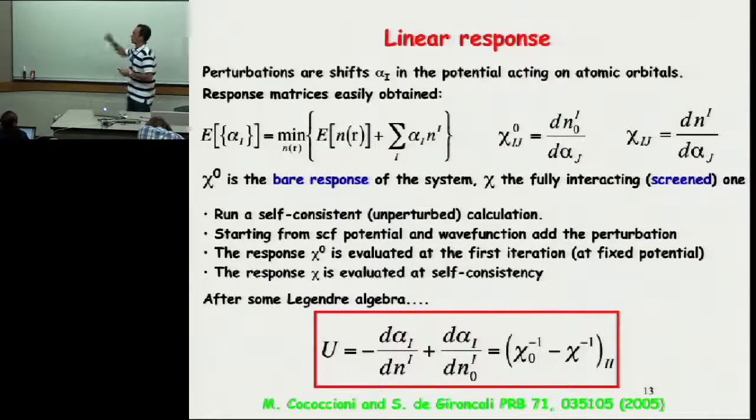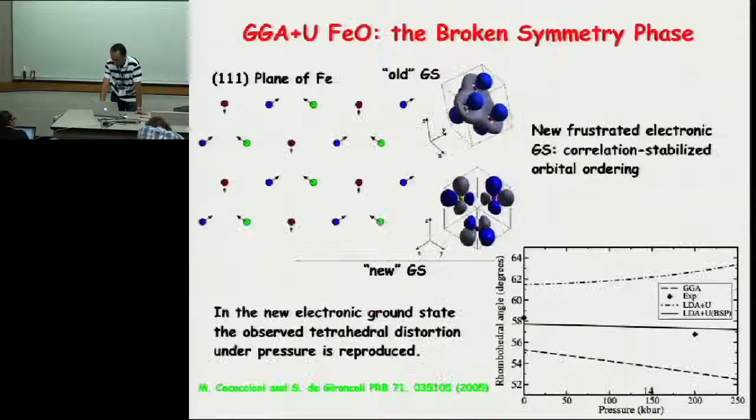And how to evaluate the second derivative? Well, this is a little bit tricky. We use linear response theory, which means to have a separate calculation of this parameter, and then you can use it in the actual production calculation. The ability to compute these parameters has been quite important, and iron oxide is truly an example.